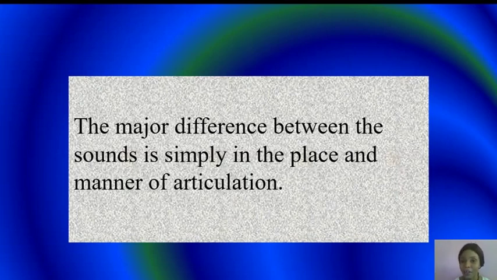For the T sound, remember I said that the tip of your tongue touches your alveolar ridge, which is the bump right behind your upper teeth, and the sides of your tongue rest slightly on your side teeth. While when you are articulating the soft th sound, you must stick your tongue in between your upper teeth and your lower teeth, and then you let out air without necessarily making a sound. That is simply the difference.